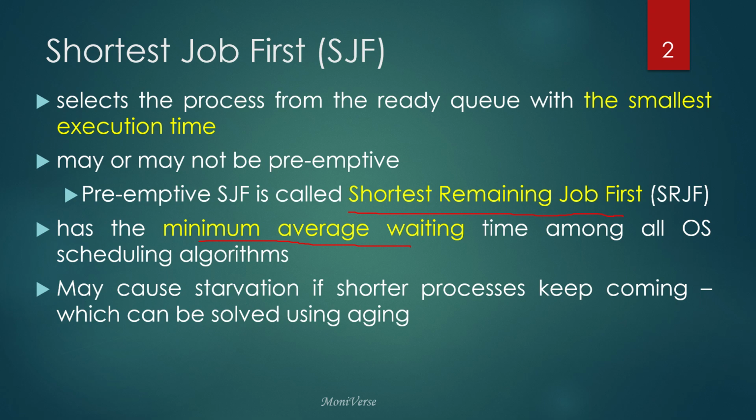But the problem is, if shortest jobs are continuously arriving in the ready queue, the longest job will not get the opportunity to be executed. So these longest jobs will be starving for a long time without being executed. This is one of the disadvantages of shortest job first execution.